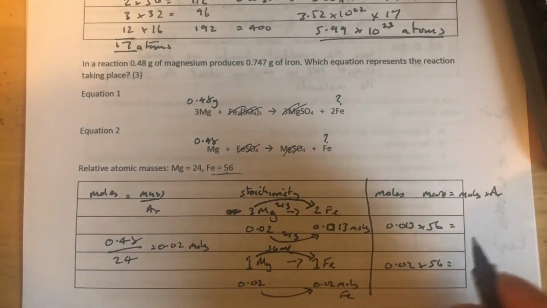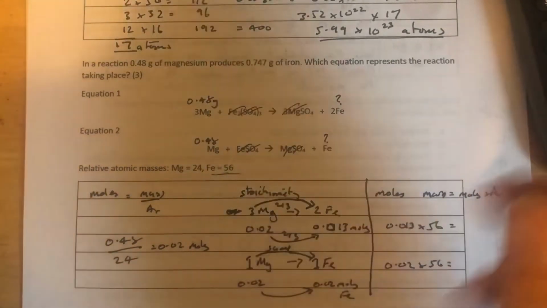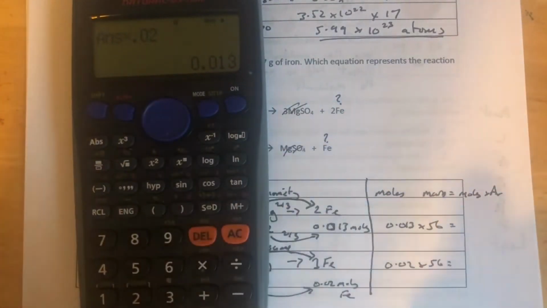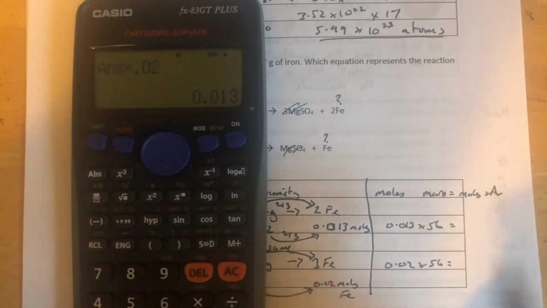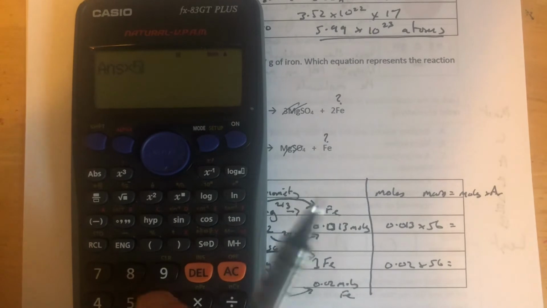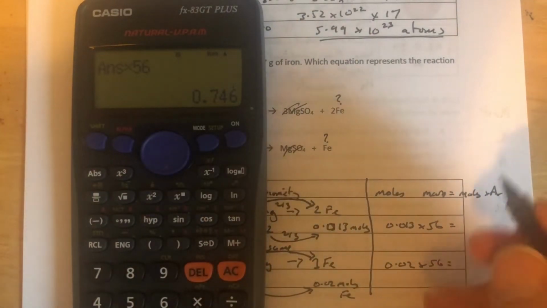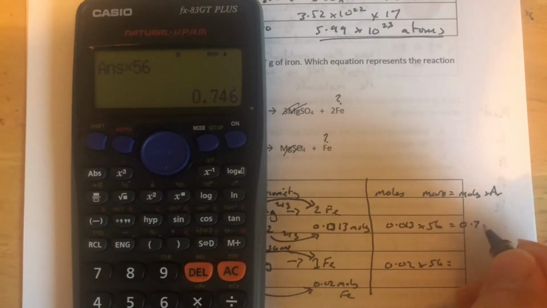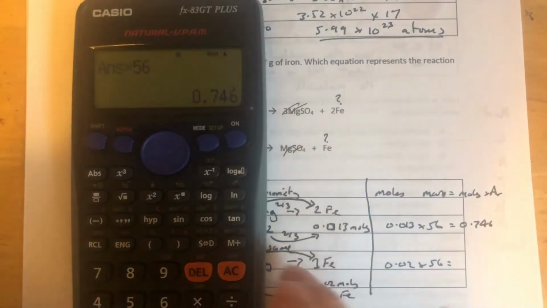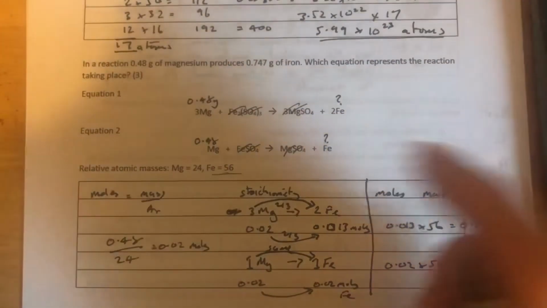Now, one of those is going to equal 0.747 if we've done our calculation correctly. So 0.013 times 56 equals 0.746. So there's a rounding issue in there somewhere, but I'm thinking to myself straight away, that's the right answer.